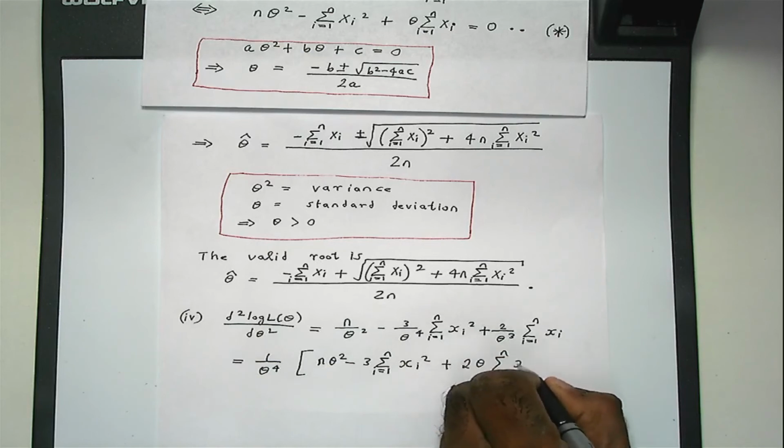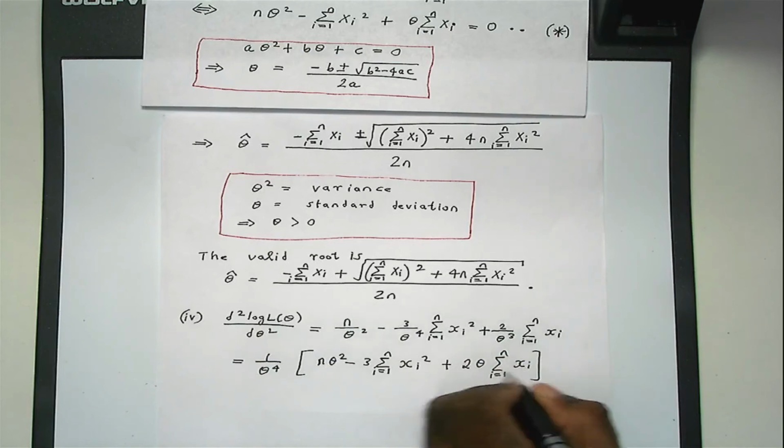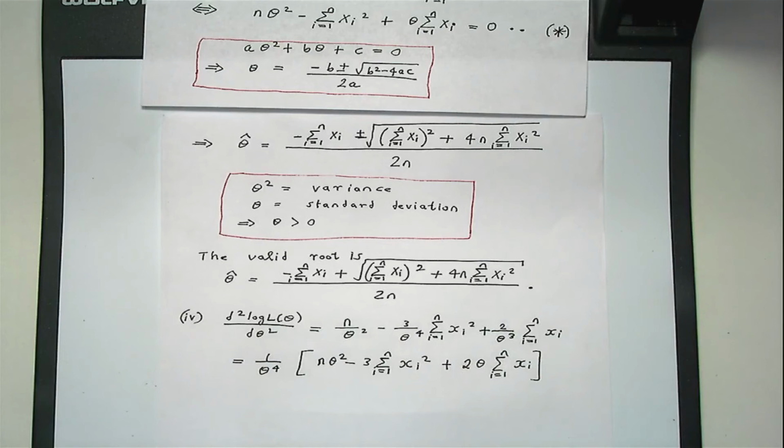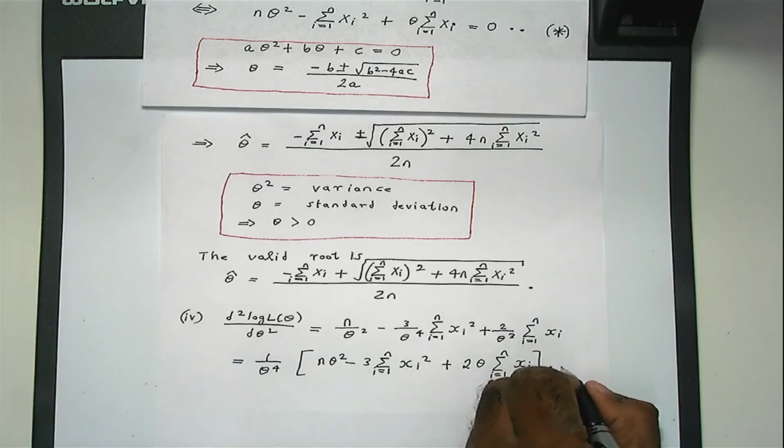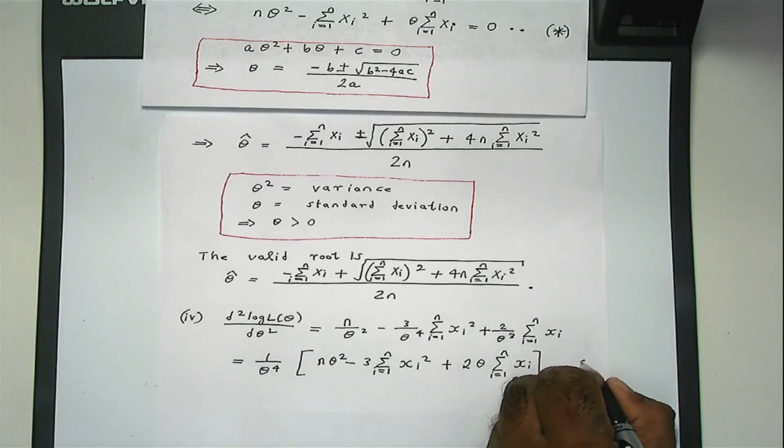Now we need to show that this is negative. In order to do that, let me call this equation triple star.